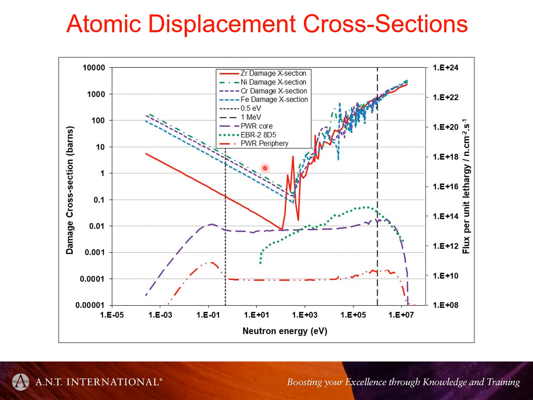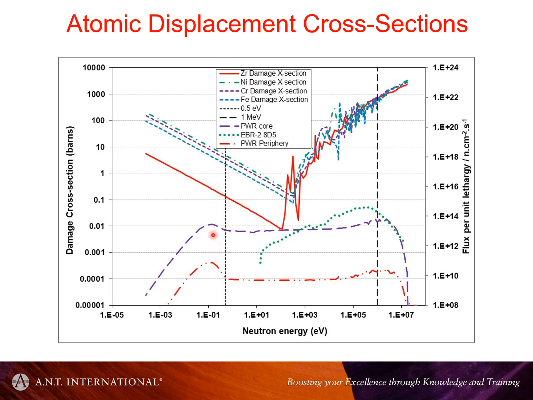And what I've done here is plot the damage cross sections for common elements that are used in alloys in the reactor core, and on this axis I'm showing the cross sections, the neutron spectrum, and I've just limited it here to the PWR in the mid-core region. This is an indication of the neutron spectrum in the mid-core region, but at the periphery we have a different reduction in the neutron flux.